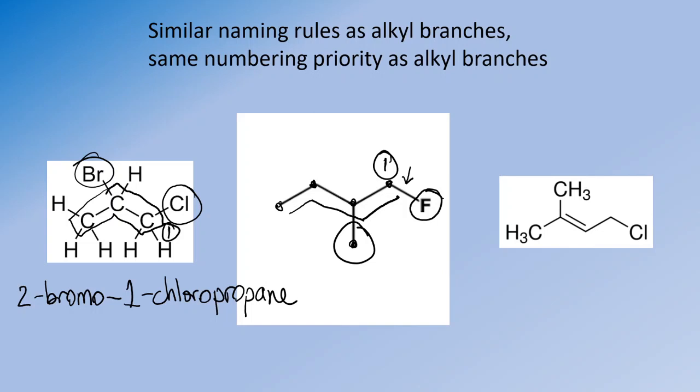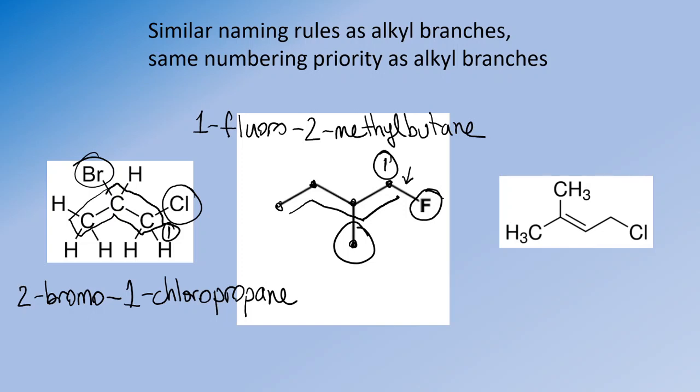In this case, we have the fluoro group that comes alphabetically before methyl. Okay, so in this case, I will name this 1-fluoro, 2-methyl, and then butane for the backbone.